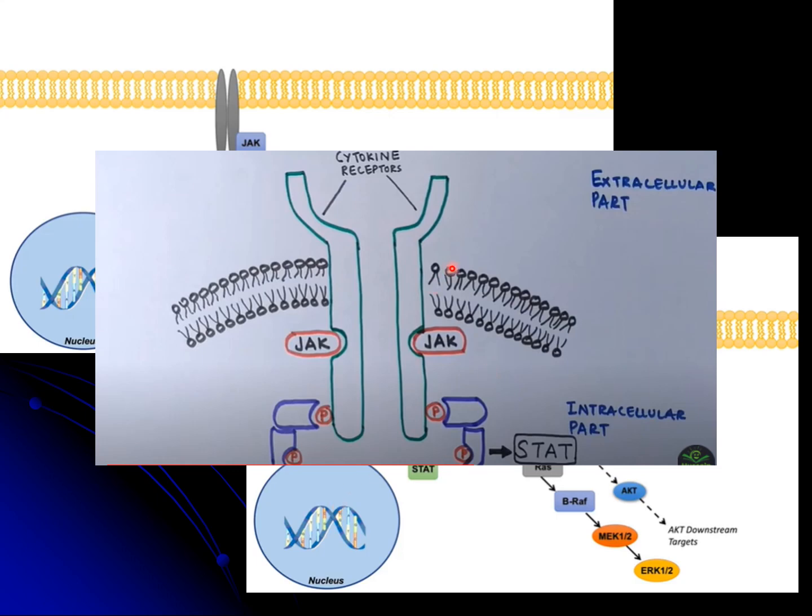So a closer look at this diagram. Cytokines are majorly the type of ligands which are going to bind to the receptors of JAK-STAT. These are called cytokine receptors also. So JAK proteins are bound to the cytokine receptor intracellularly, which activates or phosphorylates and activates the STAT proteins.